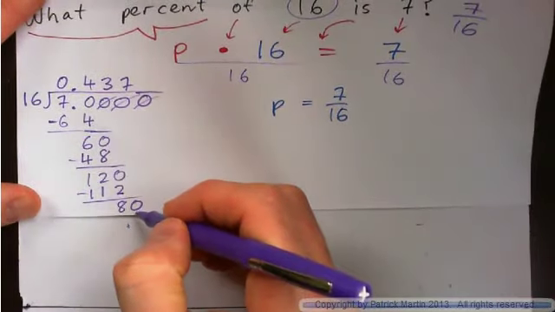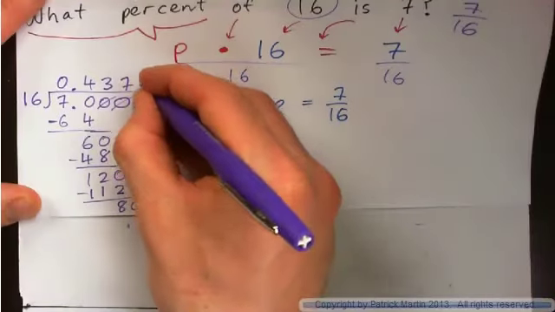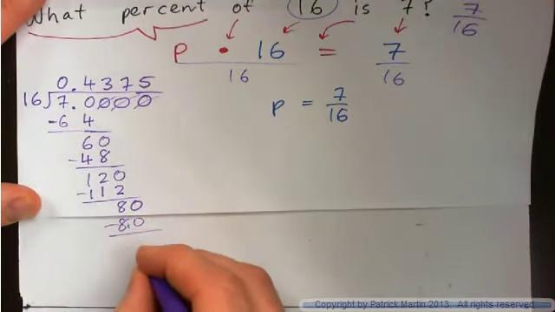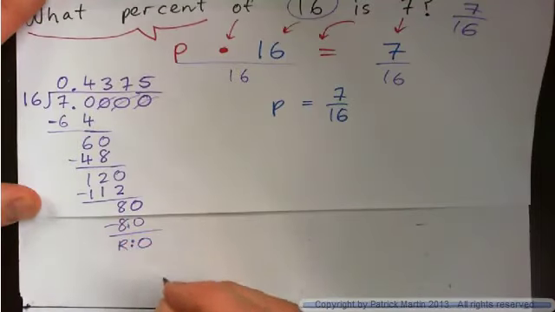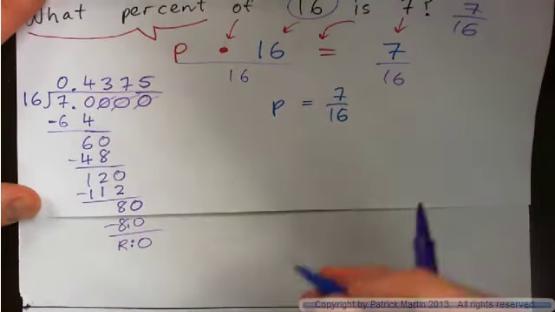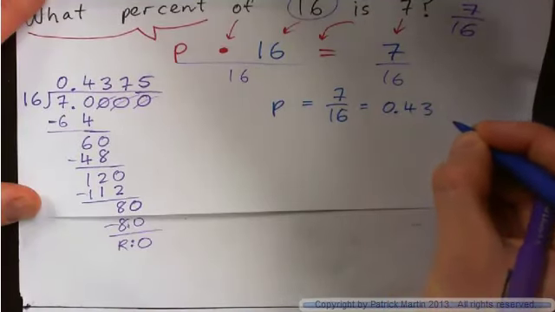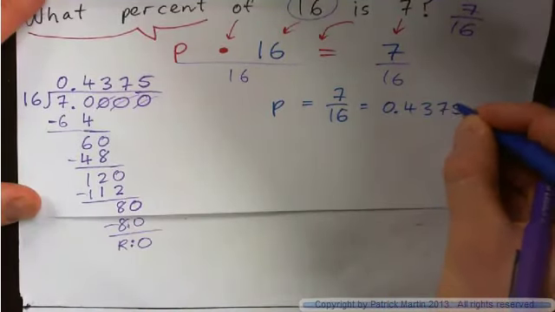16 into 80 goes 5 times. 5 16s is 80. Subtract, we get 0. At last remainder 0, so the answer is totally 0.4375.